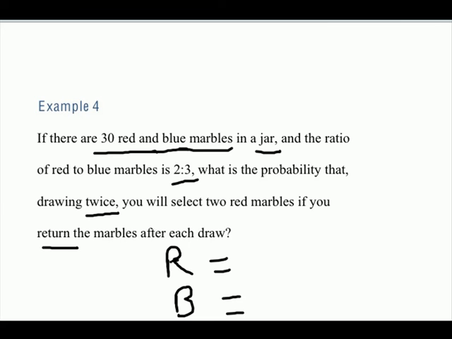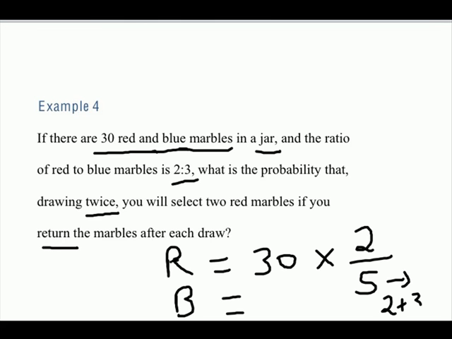So red marbles would be 30 total, multiplied by the ratio of red, which makes it 30 into 2 by 5. Do you know how I got the 5? 5 is simply equal to 2 plus 3. And similarly for the blue, it will be 30 multiplied by 3 by 5.